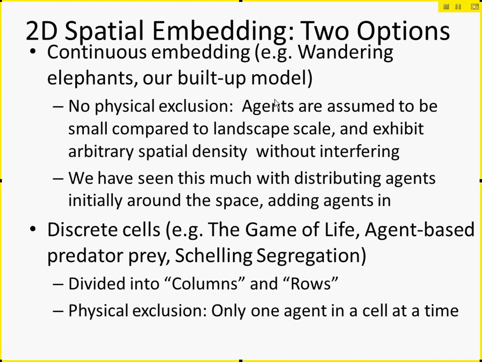So within AnyLogic, having motivated that discussion of spatial embedding, I had noted that AnyLogic supports two types of spatial embedding. One is continuous and one is discrete. In a continuous space, the idea is that distances are not quantized. Instead, they exist as real numbers. And individual entities wander over the landscape in a fashion that is conceptually associated with continuous movement.